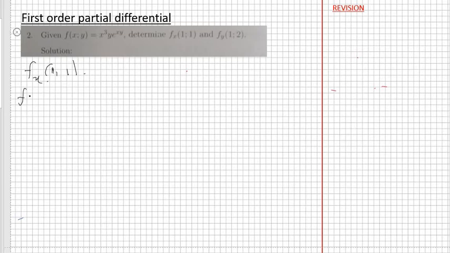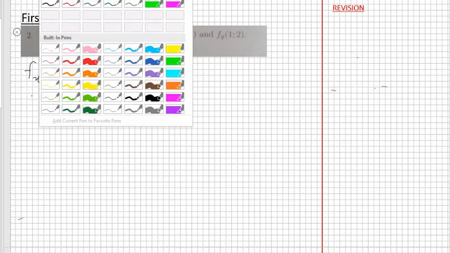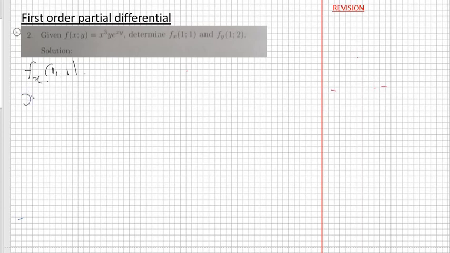So you have the function, so you have to derive this function here with respect to x. So this is the same as f x.